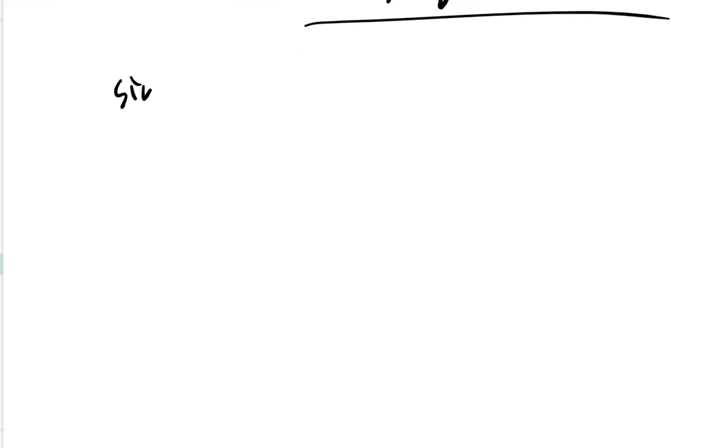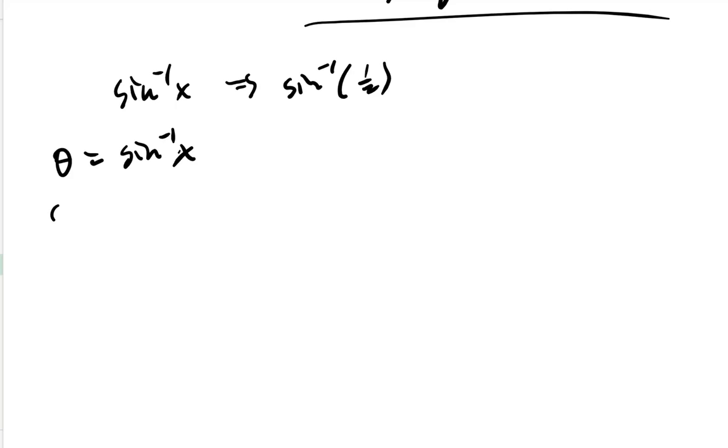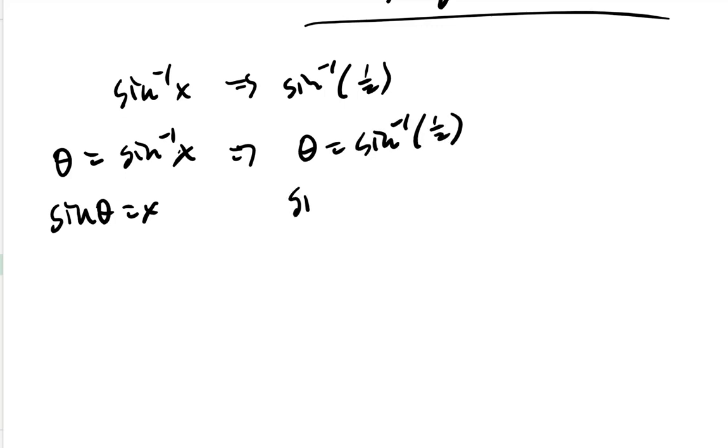If you have inverse sine of a number, like for example, inverse sine of 1/2, inverse sine is just an angle theta, which when you take the sine of it gives you x. So if you have inverse sine of 1/2, for example, then this just means that there's a theta for which when you take the sine of it, you get a half.